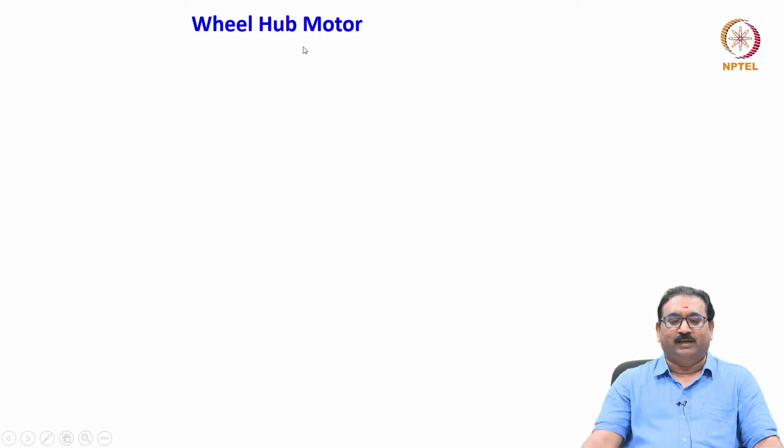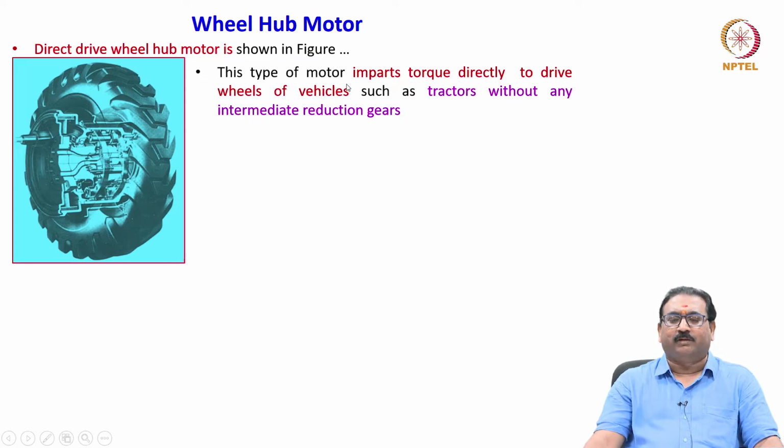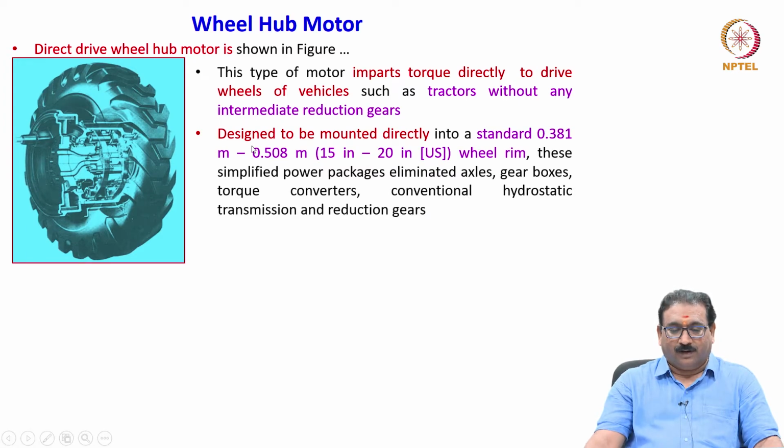Then one more design we will see, wheel hub motors. This is a wheel hub motor, what I have shown here, the direct drive wheel hub motor. This type of motor imparts torque directly to the drive wheels of vehicles such as tractors, without any intermediate reduction gears, designed to be mounted directly into a standard 0.381 meter to 0.5 meter wheel rim.